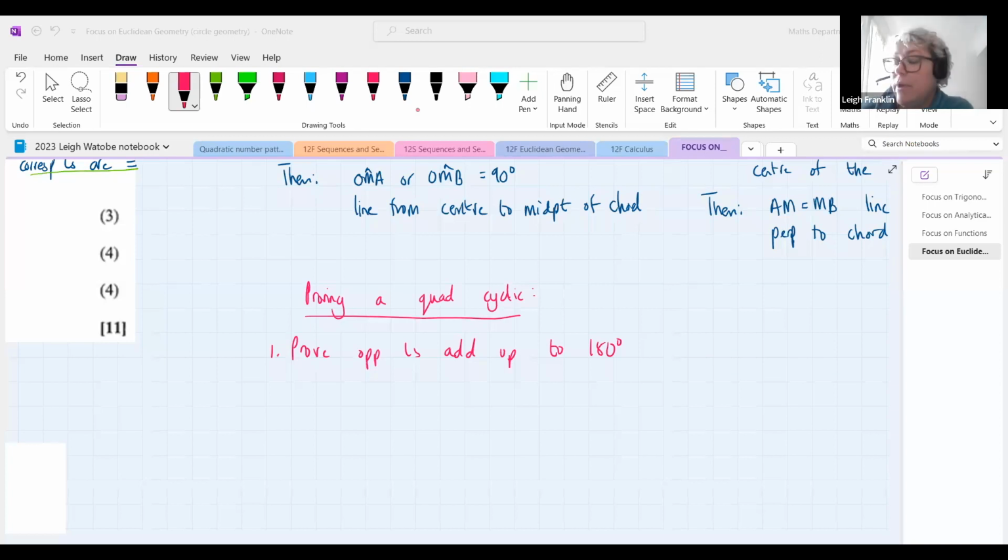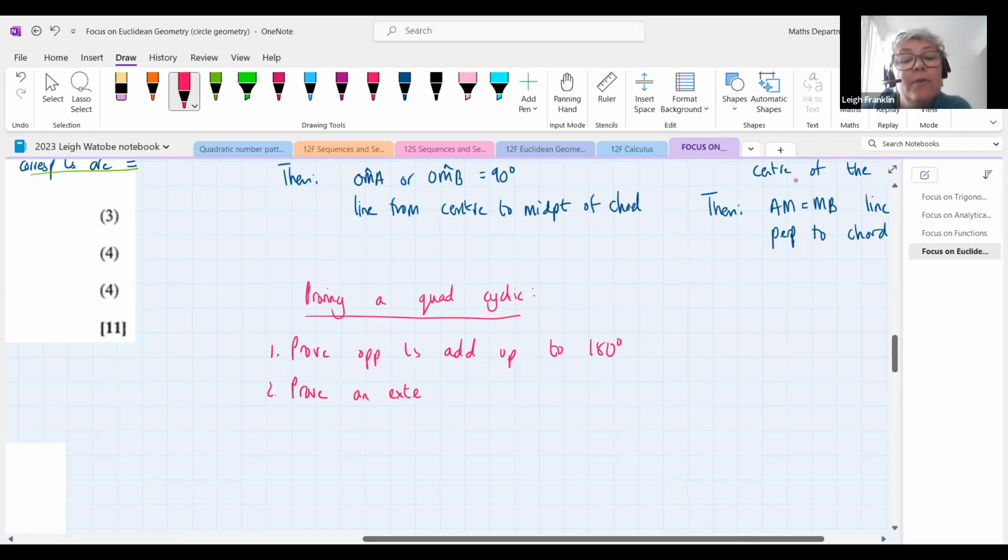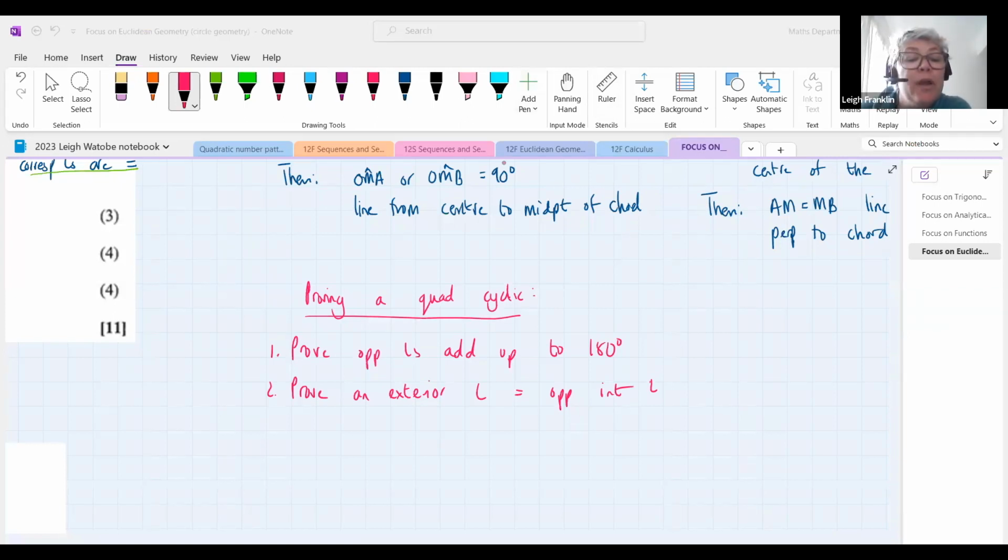Exterior angle. Okay, so we can prove an exterior angle equal to an opposite interior angle is another way we can do it. And I think you guys have said the last one as well. Absolutely.